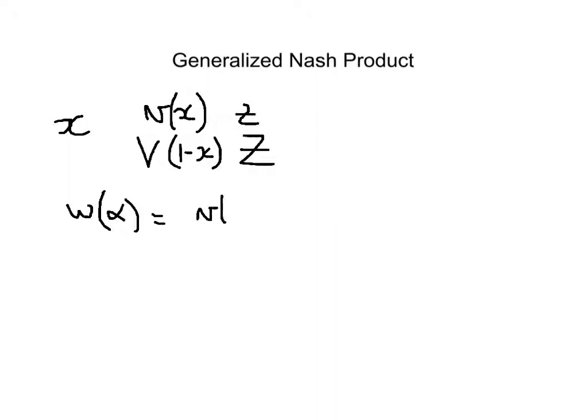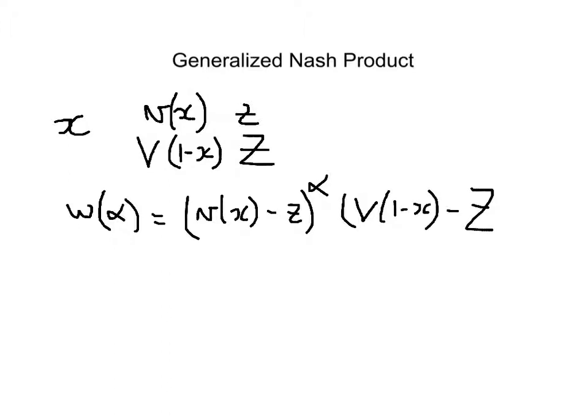So for the first person, it's v of x minus z. But we assign alpha, which is a measure of the bargaining power of the first person. And this is multiplied by the utility gain of the second person over and above their own fallback position, which gets an exponent 1 minus alpha, which is the measure of the second person's bargaining power.